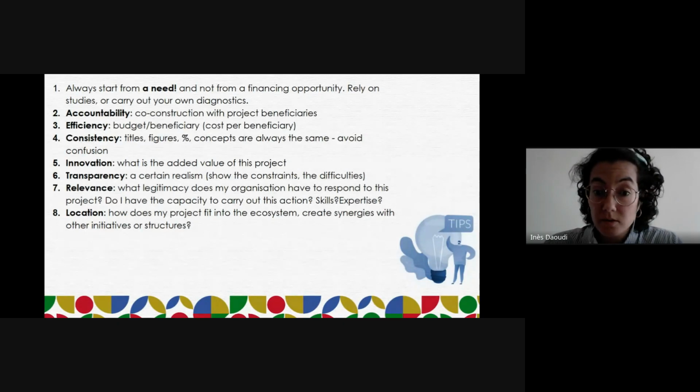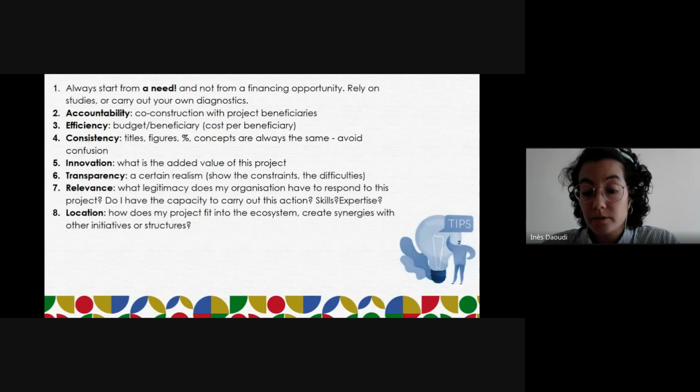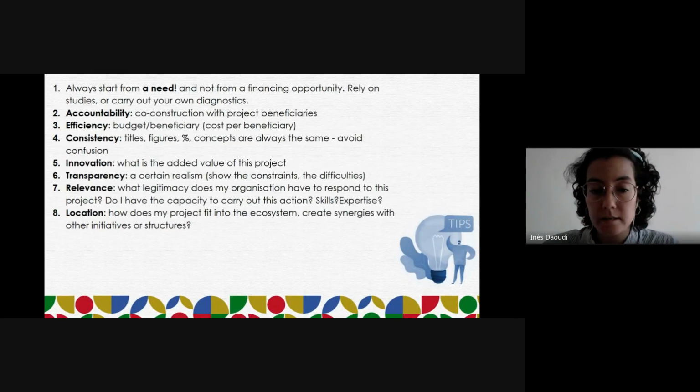Or maybe not necessarily public. It could also be private initiatives, like working with companies or with other organizations similar to yours. I think that's very important for donors, to show that you have the capacity to work in synergies, if I may say.